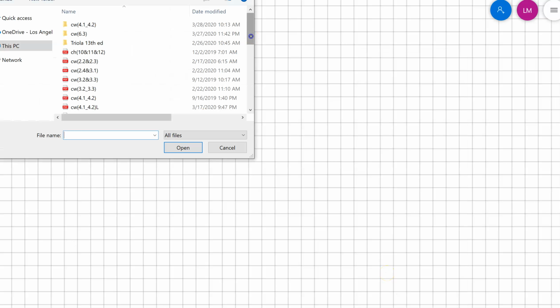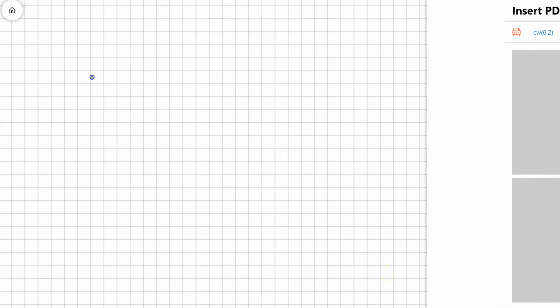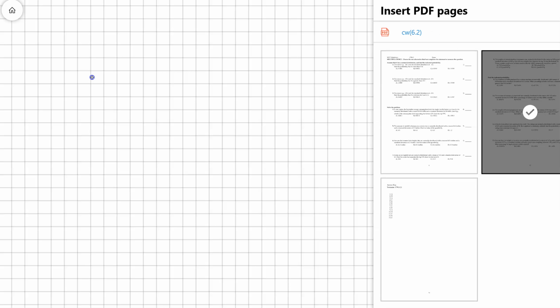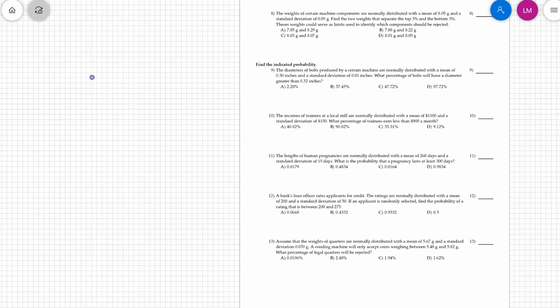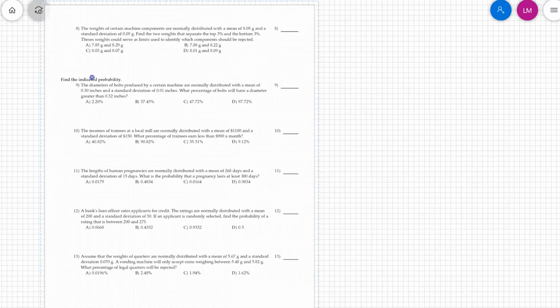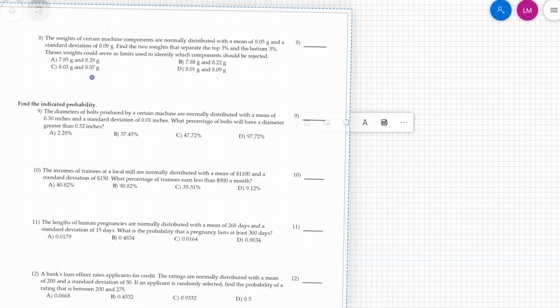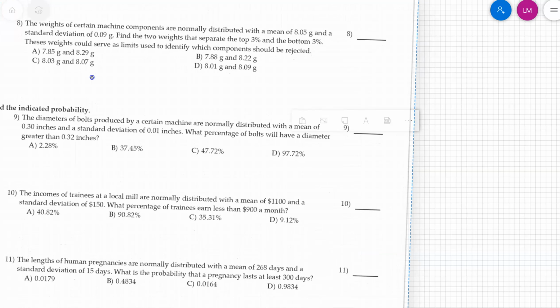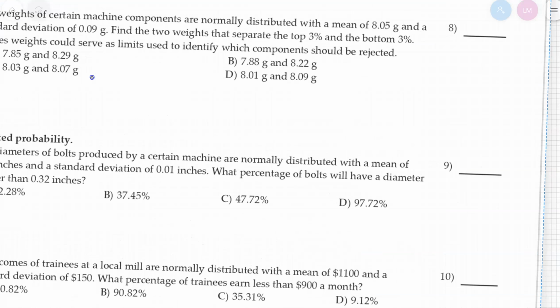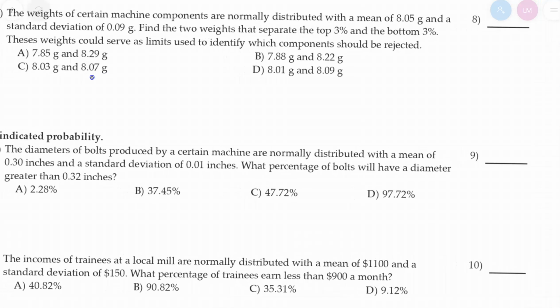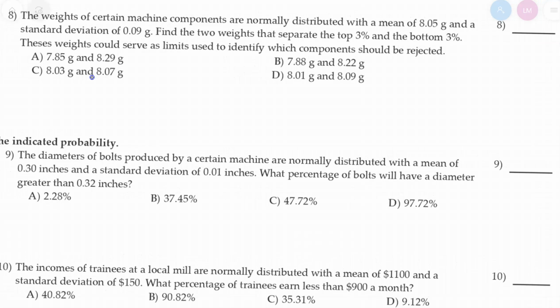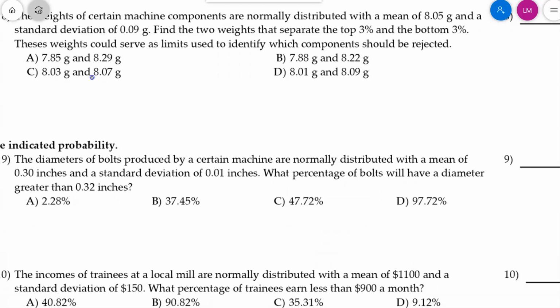This is 6.2, second page. I'm going to make it bigger, a little bit bigger. Put it in here.